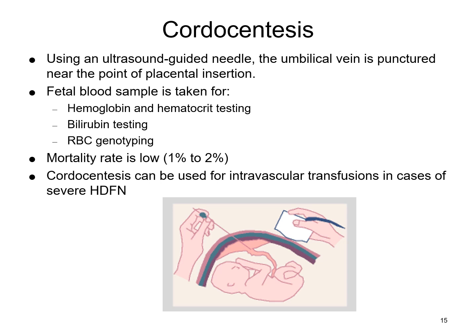The mortality rate for this procedure is very low, so the chordocentesis can be used for intravascular transfusion if there is a case of severe hemolytic disease of the fetus and newborn and they are not able to deliver that infant early. They could do that transfusion while the baby is still in the womb.